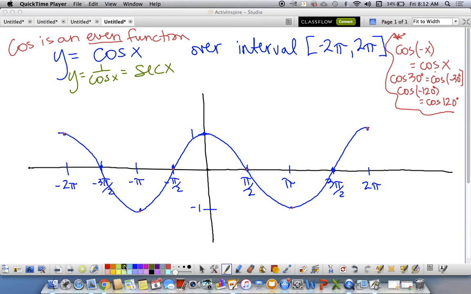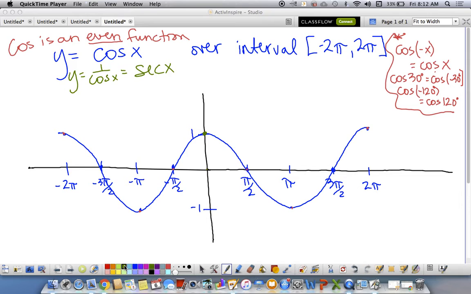So we can take values that we know about cosine and just take the reciprocal of them. So if we start right here at the origin, okay, what is our output? What is cosine of 0 degrees? Cosine 0 degrees, your output is 1. What's the reciprocal of 1? 1.